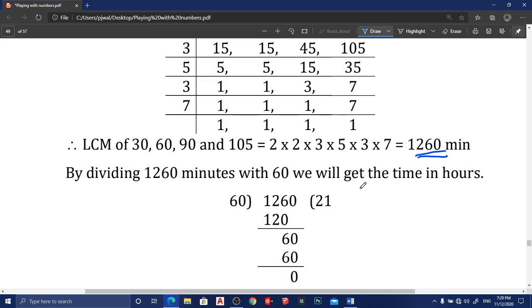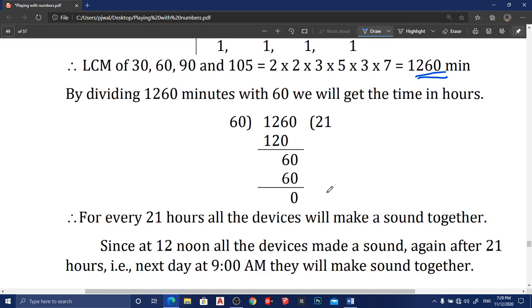If you divide this 1260 minutes by 60, you will get the time in hours, because the time is given in hours. 60 2s are 120, 60 21s are 1260. So 1260 minutes means 21 hours. So every 21 hours, all the devices will make a sound together.